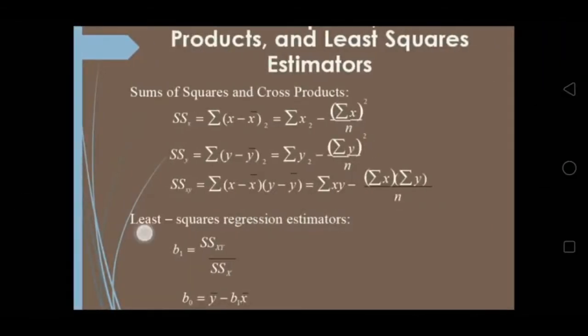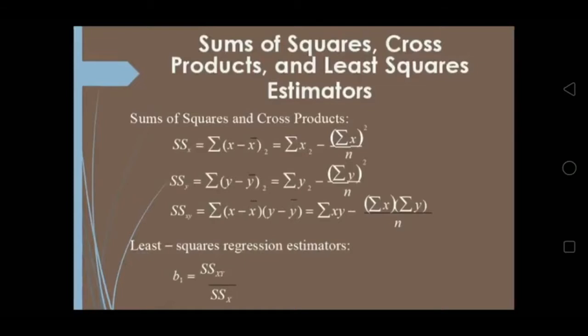Sums of squares, cross products, and least squares estimators. Sums of squares and cross products are SSX = sum of (x minus x bar) squared = sum of x squared minus (sum of x) squared per n. SSY is similar to SSX.